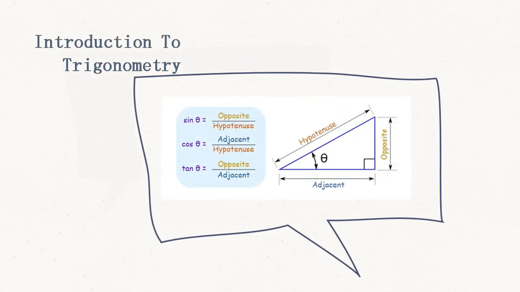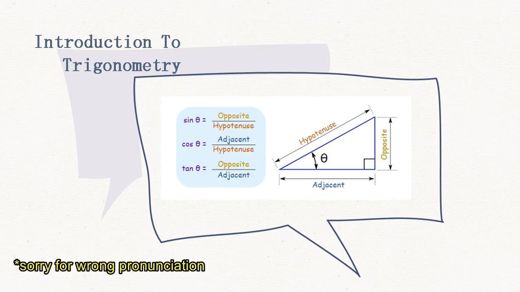For any angle theta, sin theta is opposite divided by the hypotenuse. Cos theta is adjacent divided by the hypotenuse. Tan theta is opposite divided by adjacent. In Indonesia, we know these as sin demi, depan miring, cos sami, samping miring, and tan desa.